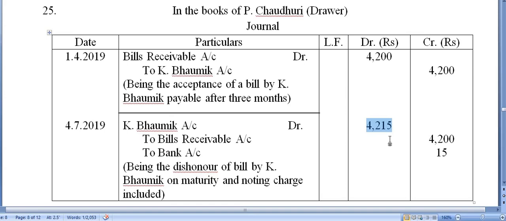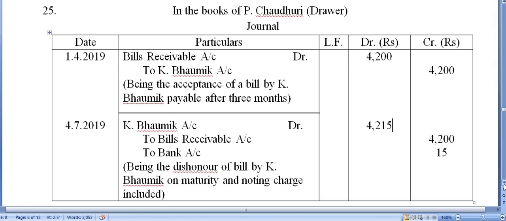Like when a check gets bounced, whatever fee is charged, that bouncing charge, plus the noting charge, we have to pay if our check gets bounced. So we have to pay the penalty. The same thing is happening to K. Bhaumik also. He was supposed to pay 4200, but now he is supposed to pay 4215 rupees.